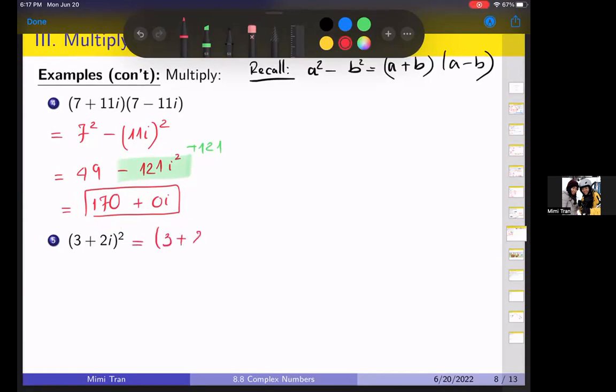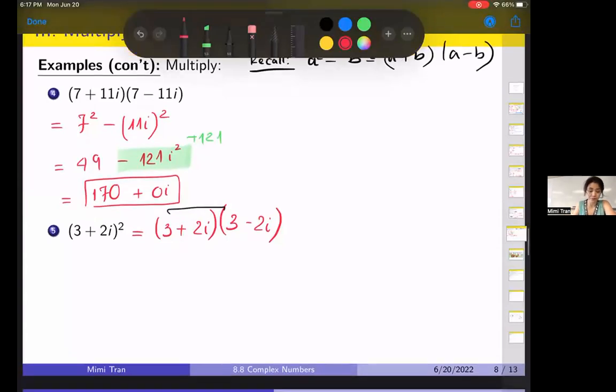So 3 plus 2i times 3 minus 2i. So let me turn on my video. You can see me. There you go. All right, now we FOIL. 3 times 3 is 9. 3 times negative 2i is negative 6i. 2i times 3 is positive 6i.